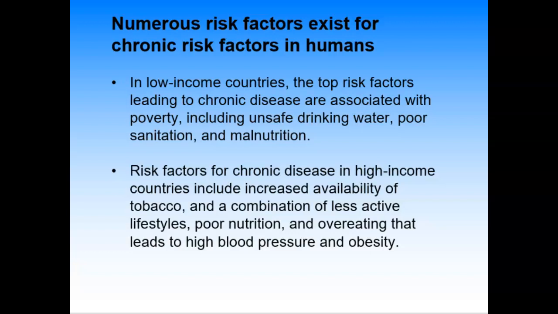If you're dealing with a low income country, one of the top factors that will lead to chronic diseases are associated with the lack of safe drinking water. We have lack of nutritional food that's available to children, and that's oftentimes linked directly to poverty.